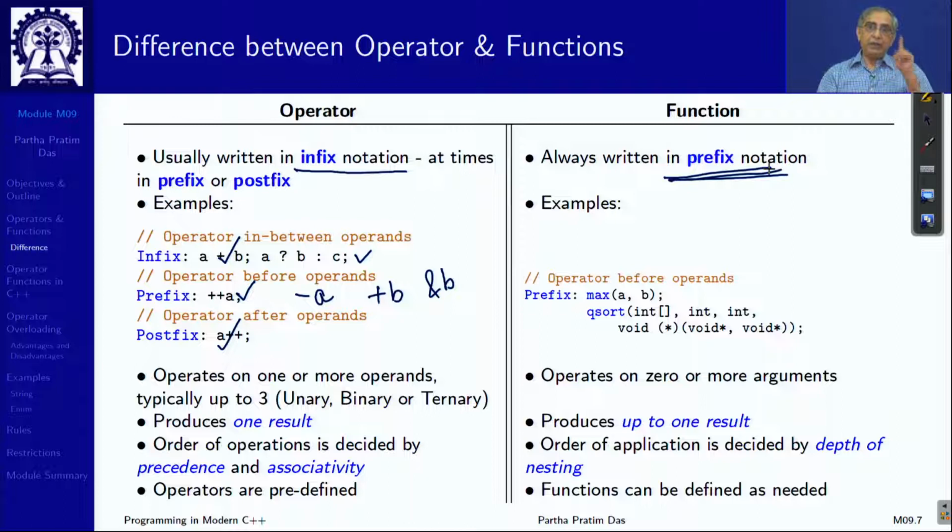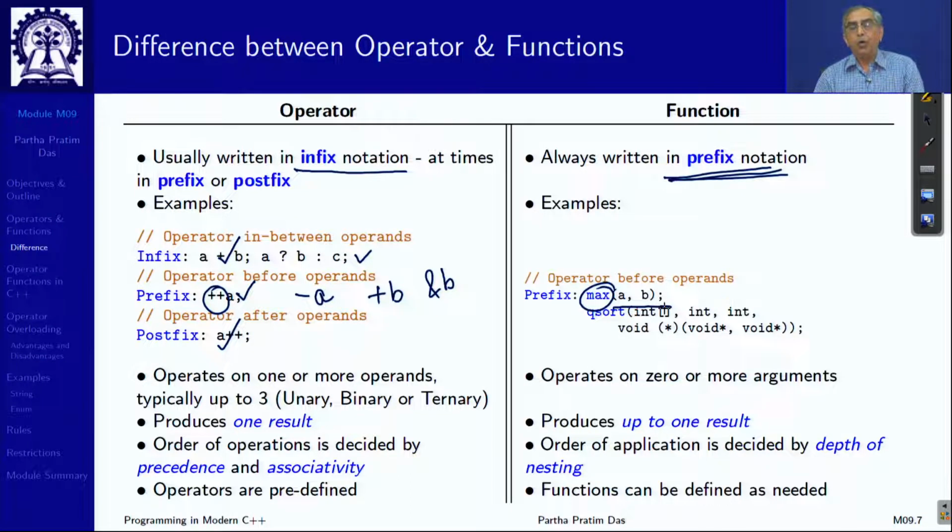You first say what is the name of the function, like you are doing here, and then you provide the operands in order. That is a fundamental difference between an operator and a function in terms of mathematical notions.